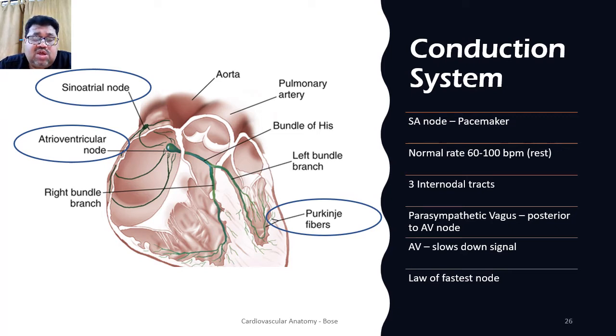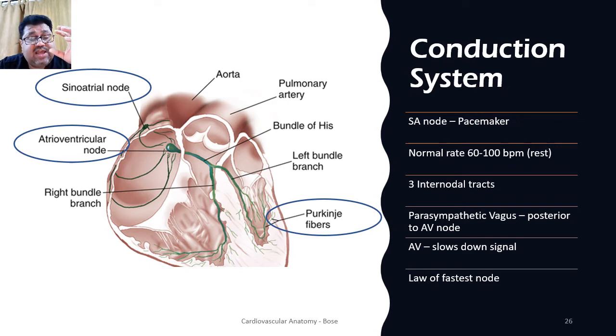The physiologic reason for having a slowed down signal transmission through the AV node is to mechanically allow time for the ventricles to fill during this period. So the signal arises from the SA node, arrives at the AV node, and slows down.